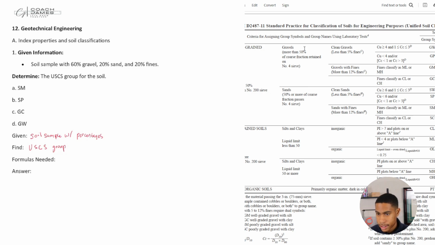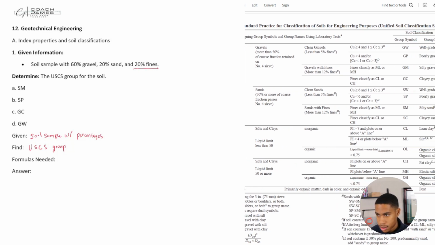Okay, then we move to the next section and we read, is it clean gravels? That means it has less than 5% fines. Or is it gravels with fines, with more than 12% fines? So I know ours says we have 20% fines, so it's more than 12% fines. So when we look at this, it can only be between these two. And so it's either GM or GC, right?